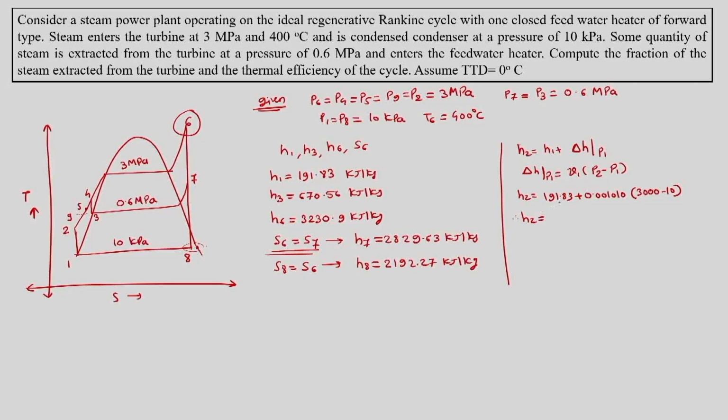So, we have H2 equal to 194.85 kilojoule per kg. Similarly, we can find H4, and that H4 is equal to H3 plus delta HP2.